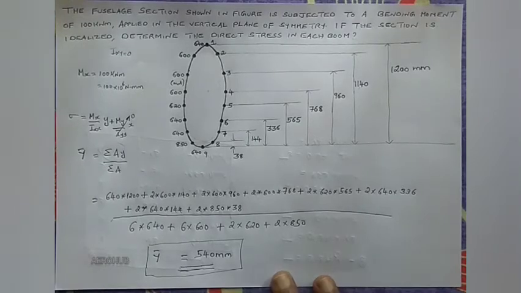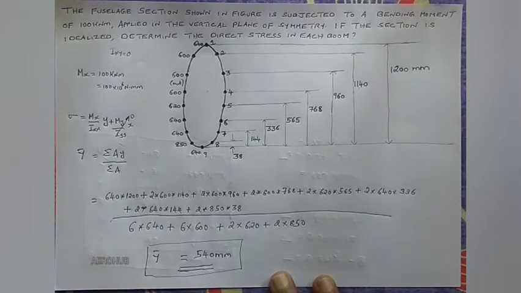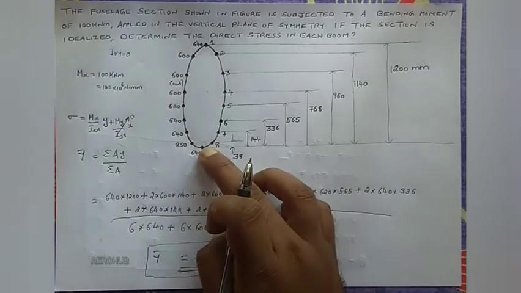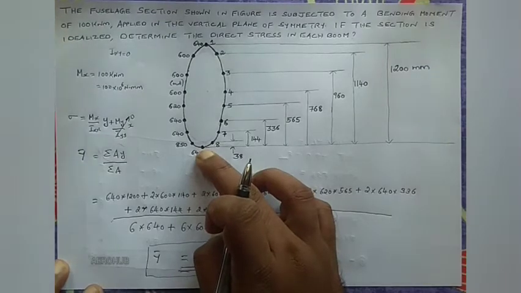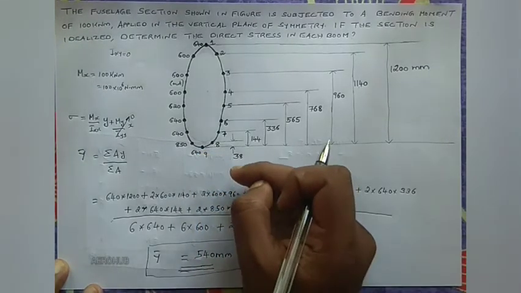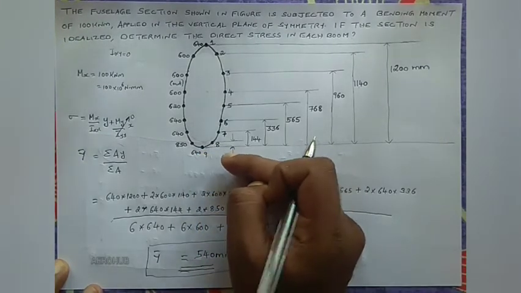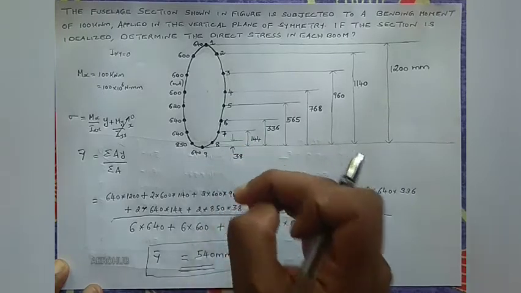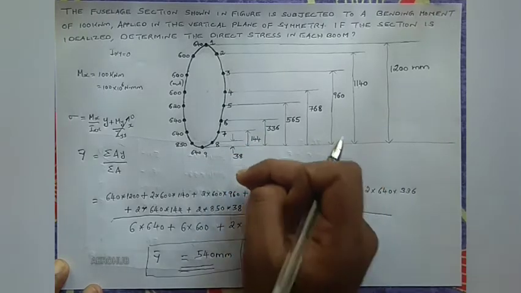Now we will calculate the value of y for certain boom areas from the centroidal axis. So we will mark the centroidal axis of the system. We have a reference axis starting from this point. We will now mark a centroidal axis and we will find out the distance of each boom area from this centroidal axis.